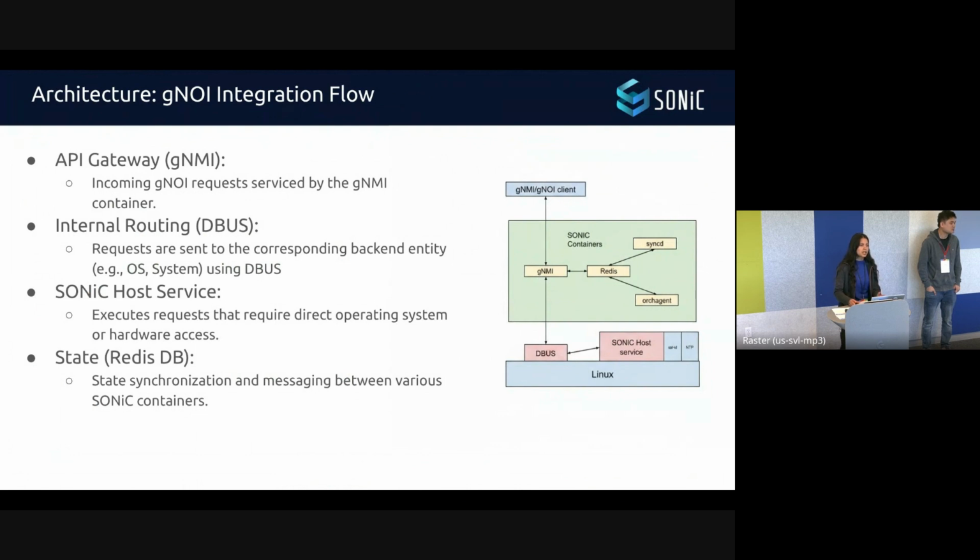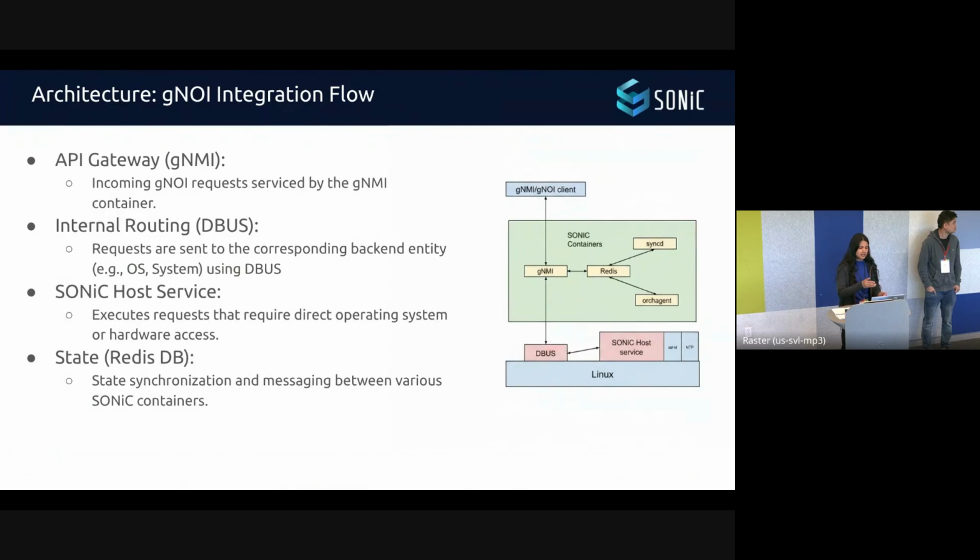The main primary mechanism we use for routing to the corresponding backend entry is D-Bus. Through the gNOI container, we have a D-Bus channel. Then, based on whichever gNOI service it is, it gets routed to the corresponding SONiC host service, for requests that require direct operating system or hardware access, like file operations and so on.